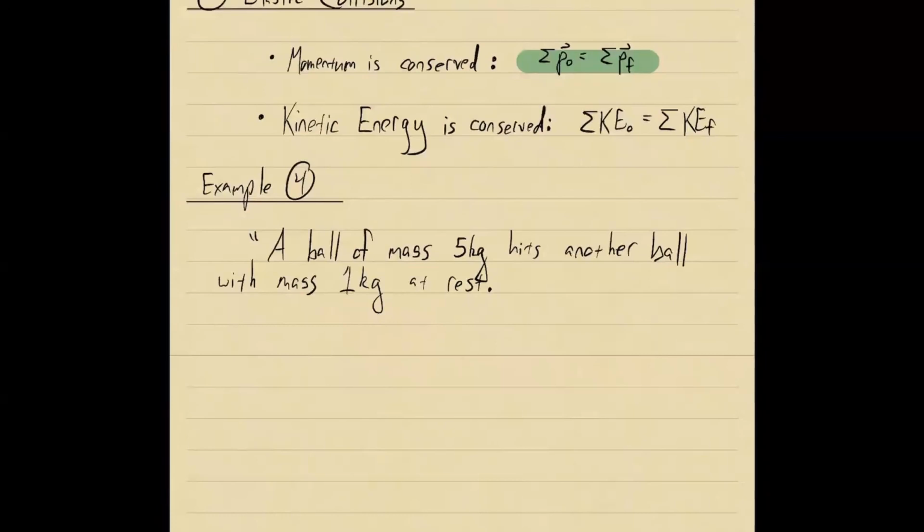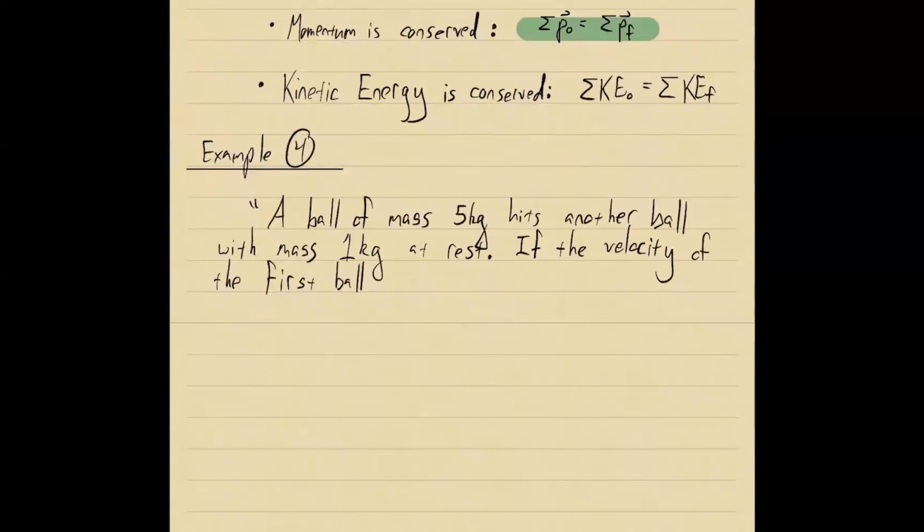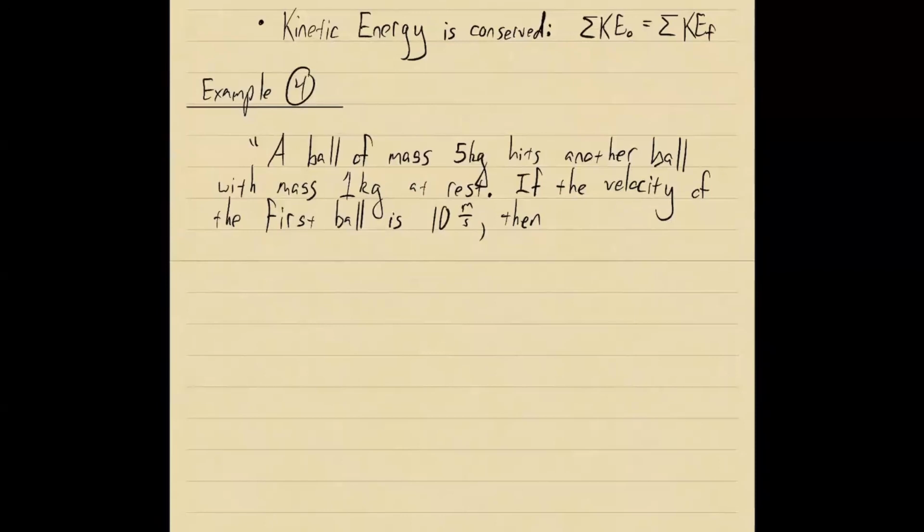So if the velocity of the first ball is 10 meters per second, then the problem wants us to find the final velocities of both balls.